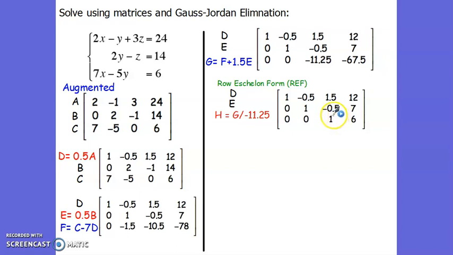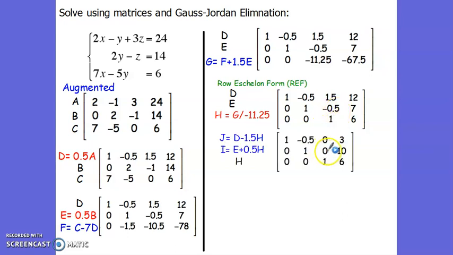So again, first thing I'm going to do is grab this 1 down here and take advantage of the fact that if I add row 3, or any multiple of row 3, meaning I'm going to multiply those zeros and they'll stay zeros, when I add that multiple onto the row above it, I'm not changing anything above those zeros. I keep my 1s exactly how I wanted them. So again, half of the third row plus the second row is going to help me turn that second row, third column into a 0 right here.